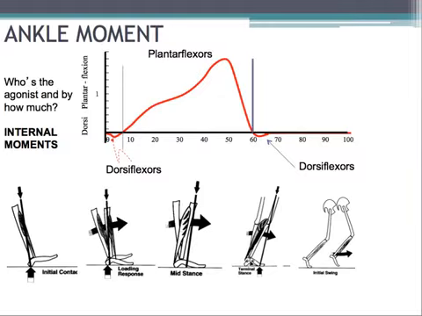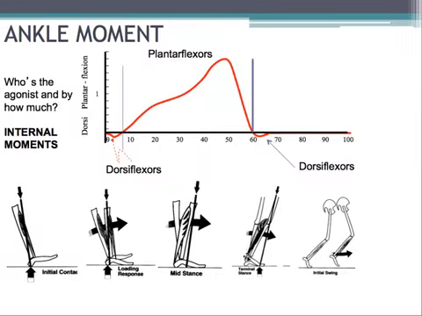Because of that rapid plantar flexion, both the gastroc and soleus muscles are involved, and we can see that the effort from the ankle will push the center of mass upward and forward, assisting the transition to the opposite limb.